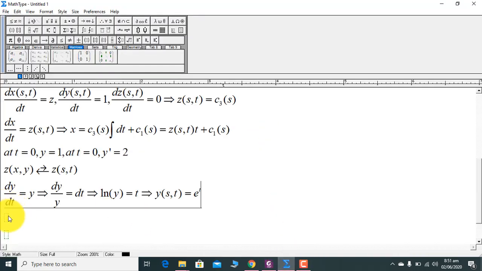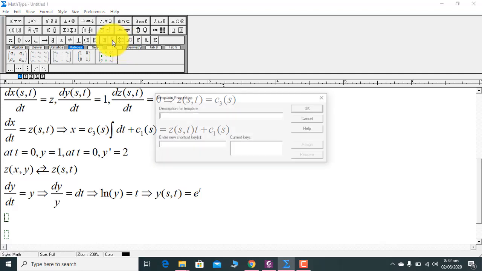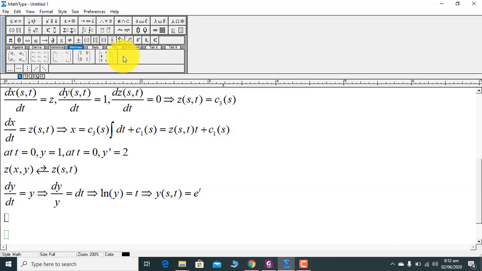So look, there are 2 equations. One is dx by dt is z, and dz by dt is x. So you can differentiate either this or this with respect to t.